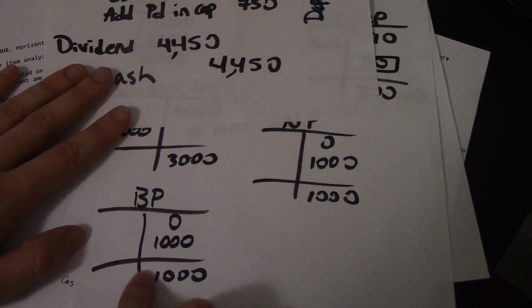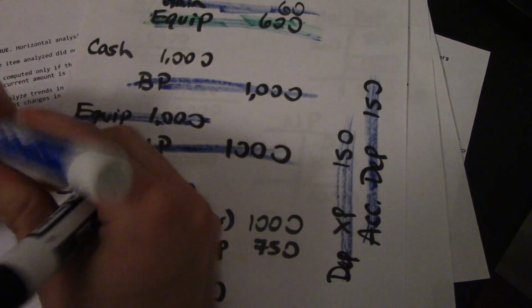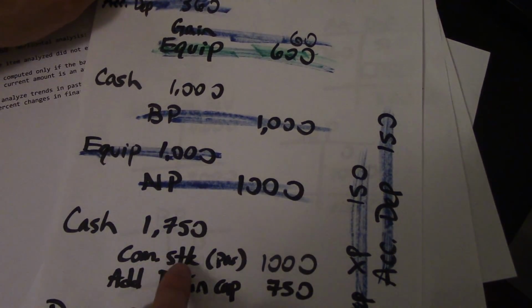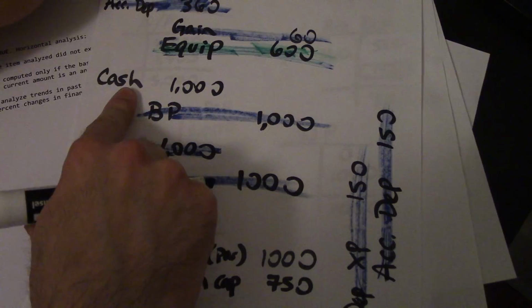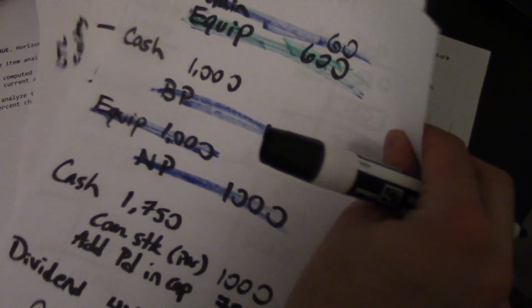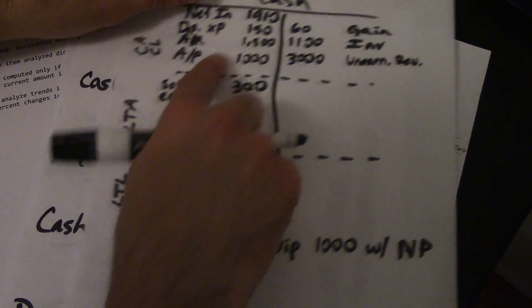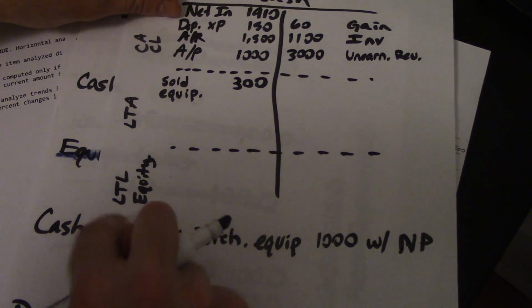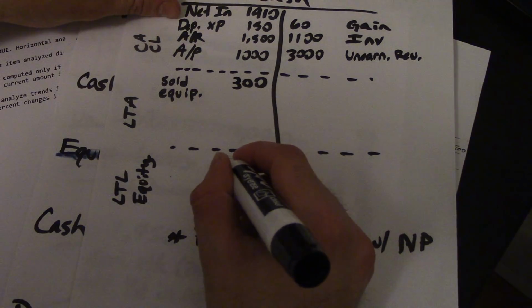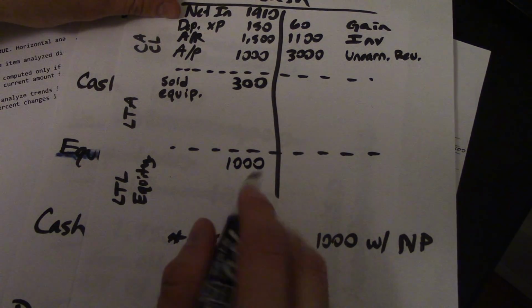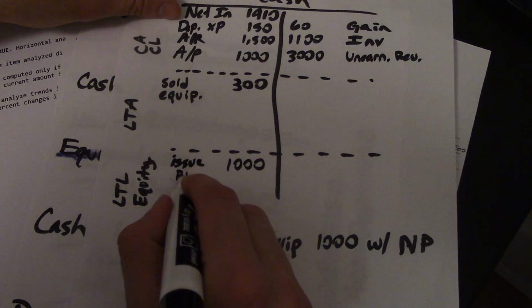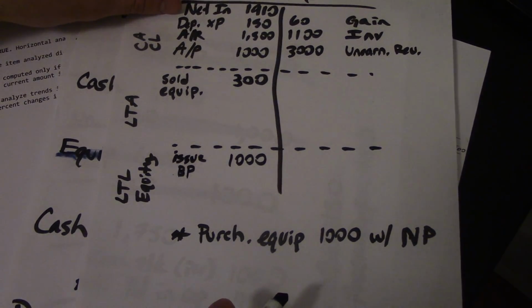There's our T account, it balances out. No other journal entries affect bonds payable, so we're good. But there's a debit to cash, so therefore we're going to debit our cash flow by $1,000. In which section? Well, bonds payable is a long-term liability, so it goes in the financing section. And you would say something like we issued a bond payable.